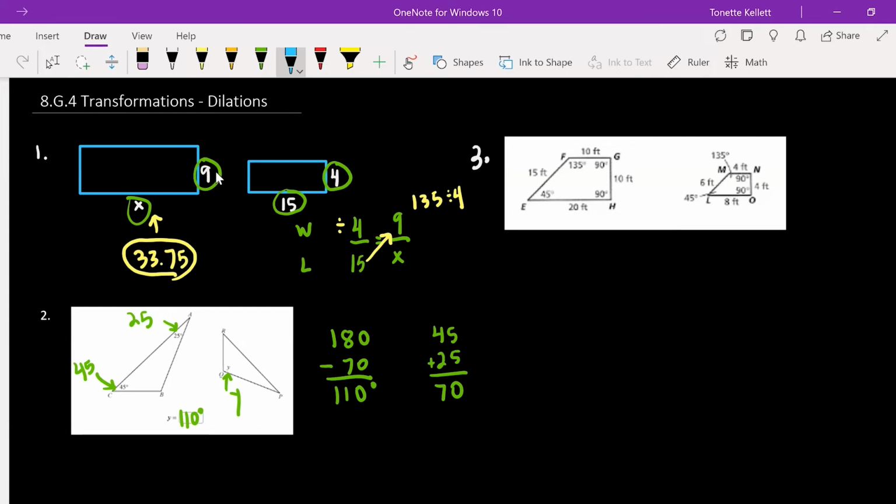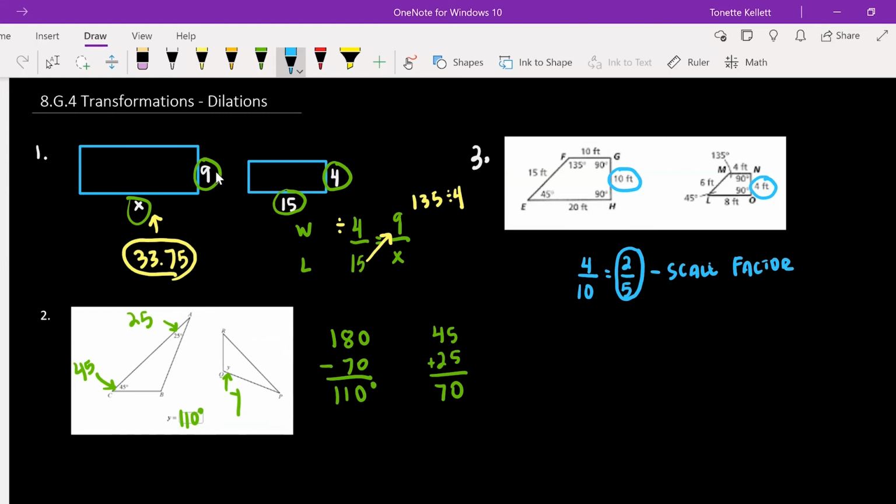So let's just take the 4, it's smaller, I'm going to put it on top. And the 10, it's larger, I'm going to put it on the bottom. 4/10 is the scale factor. Then another way to write that, I can divide them both by 2 and get 2/5. That's in simplest form. I'm going to write here that that is my scale factor.